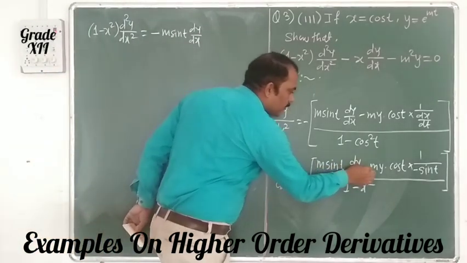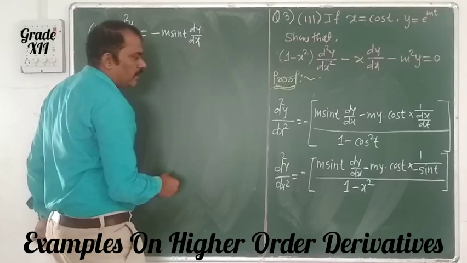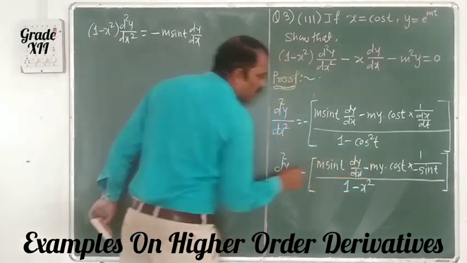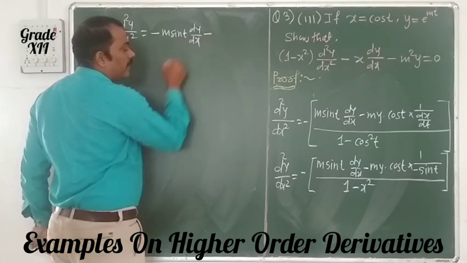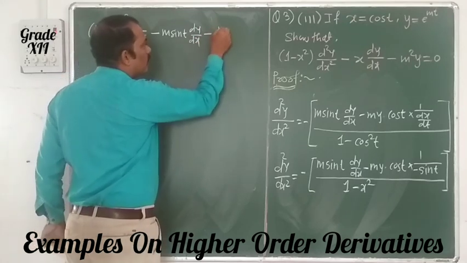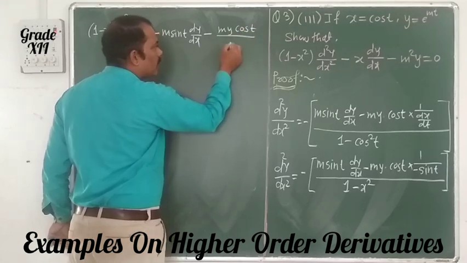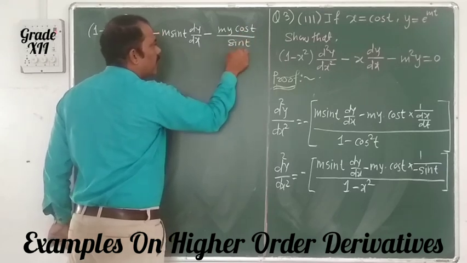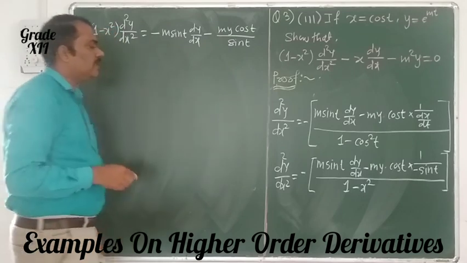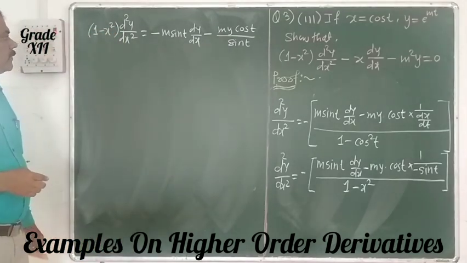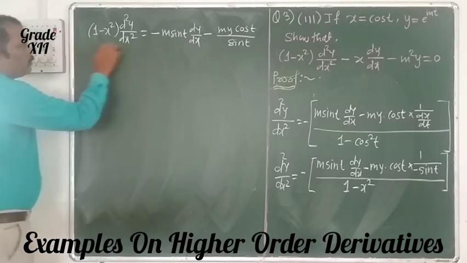This minus becomes plus, and due to this minus it becomes again minus, so that minus m y cos t divided by sin t. This sin t is divided only to this term, that is m y into cos t divided by sin t.